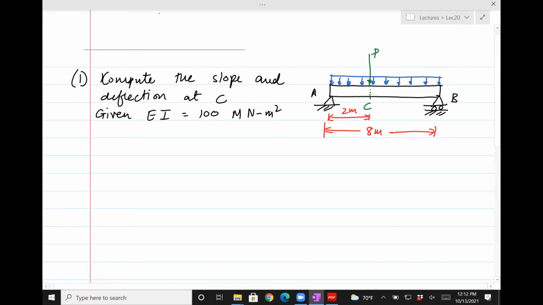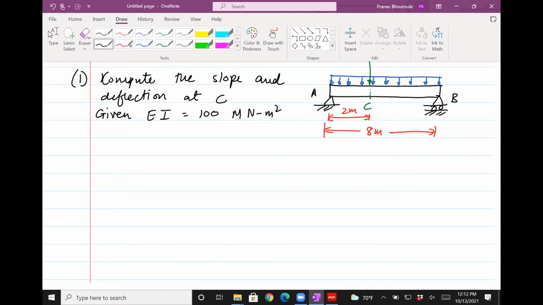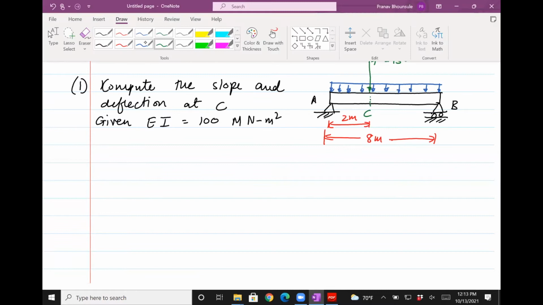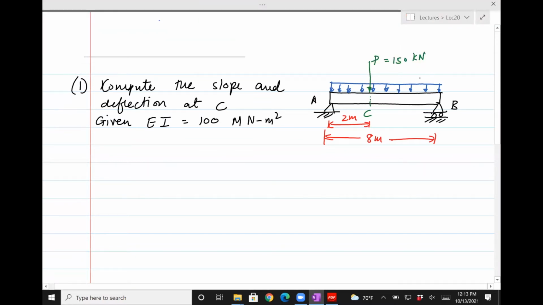Yeah, and I forgot to give you the load. So this load P is equal to 150 kilonewton, and the distributed load is 20 kilonewton per meter.